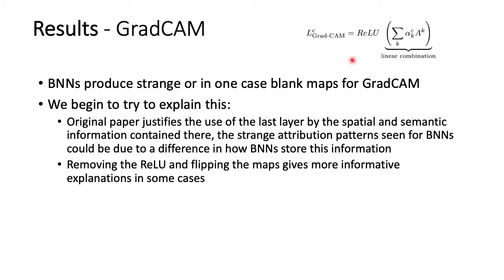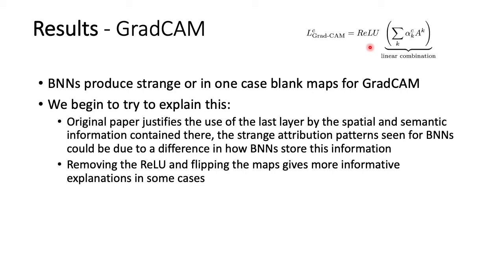So this is the equation for GradCam, and this is this sum. Basically, they use the ReLU to cut out negative values. They justify this with ablation studies showing that without the ReLU, you get maps which highlight the object less.